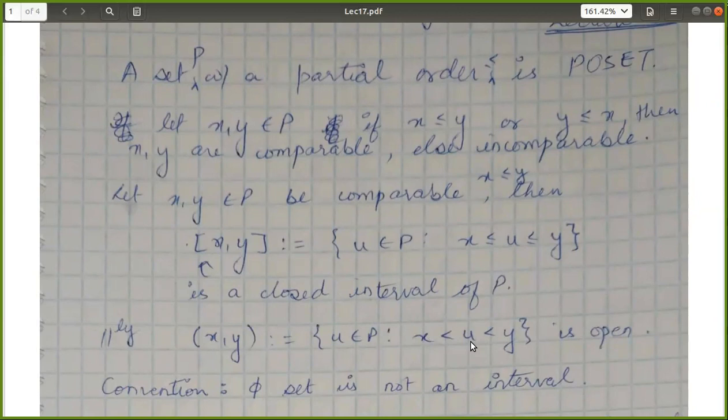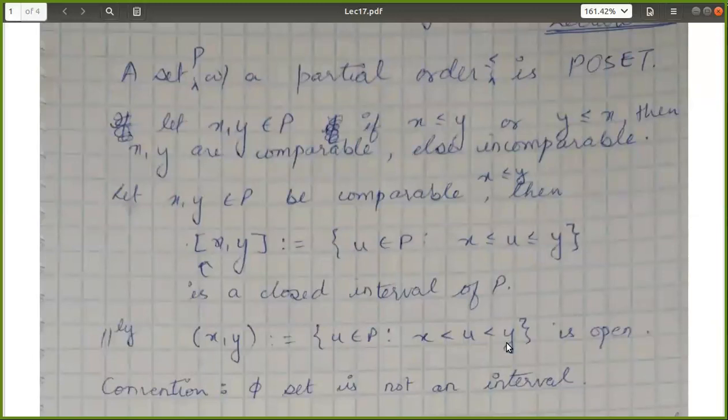Just as you would understand from common sense, you have u to be strictly bigger than x. So u is greater than equal to x, but u is not equal to x. And for this side, u is less than equal to y, but u is not equal to y.